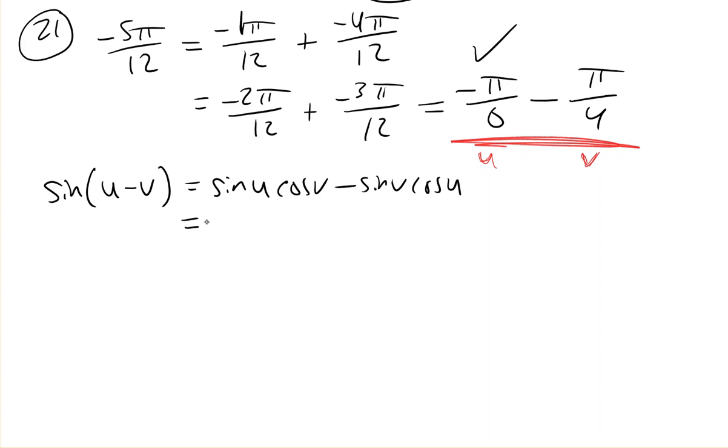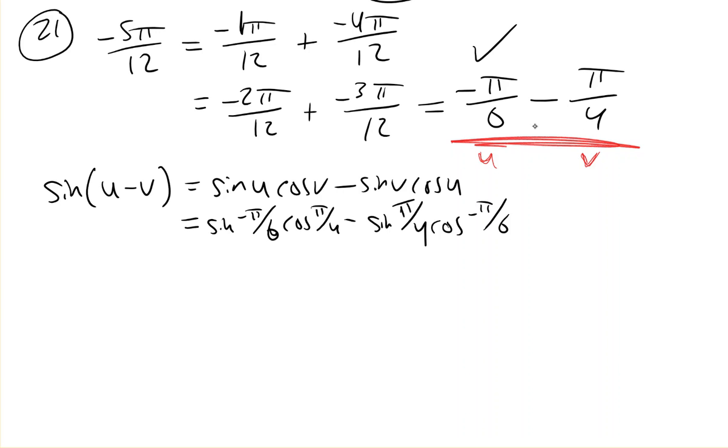U in this problem is negative pi over 6. V in this question is pi over 4. And so then that's what it's going to look like plugged in.